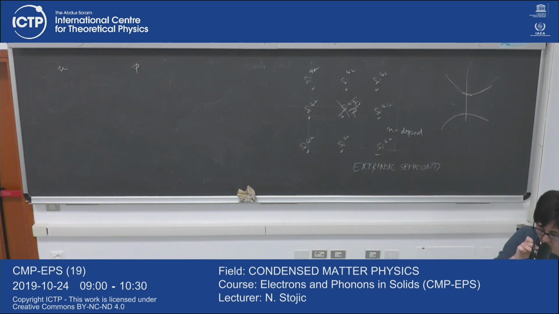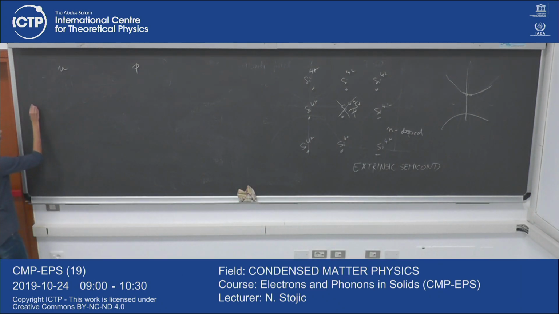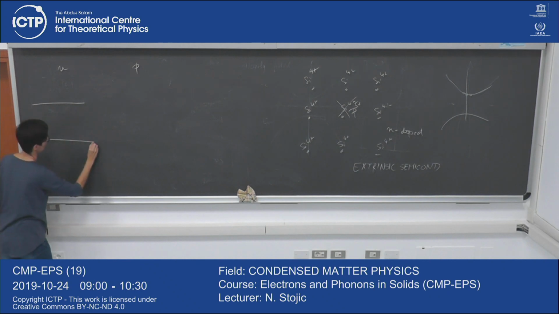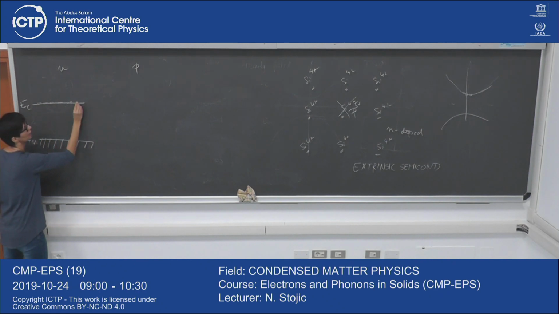N doped means you have a conduction band and a valence band. Everything is filled here, and I have some states occupied in the conduction band.